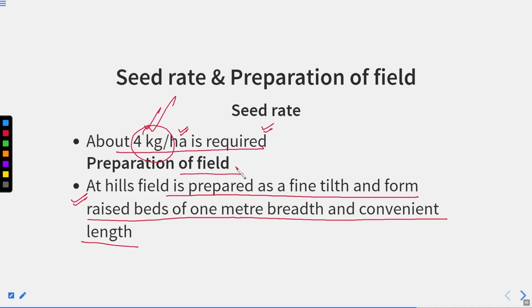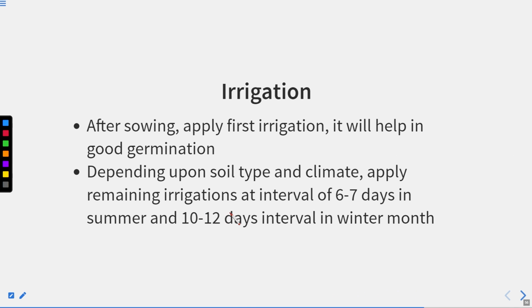So the preparation of the field in the hilly region: a fine tilth and raised beds of 1 meter breadth and convenient length. The breadth should be 1 meter, and the length is our convenience, how much length we keep. So this is about the preparation of the field in the hilly region.